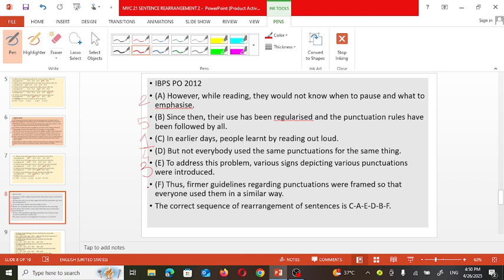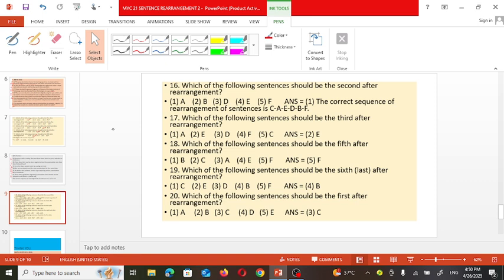And the last can be F: thus, firmer guidelines regarding punctuation were framed so that everyone uses them in a similar way. So here the sequence can be like this: C, A, E, B, and then F. So like that, you need to make the sequence.